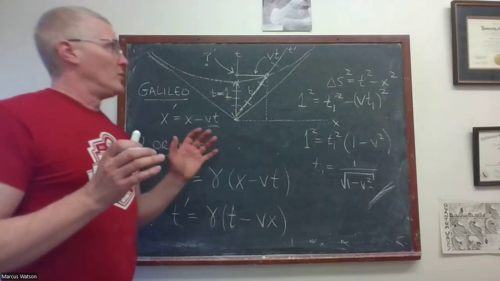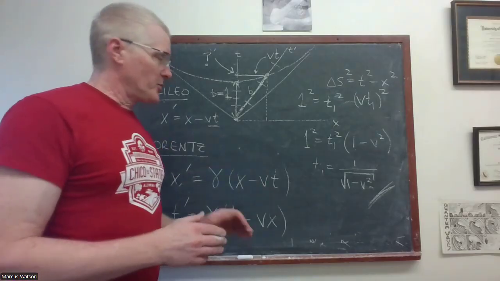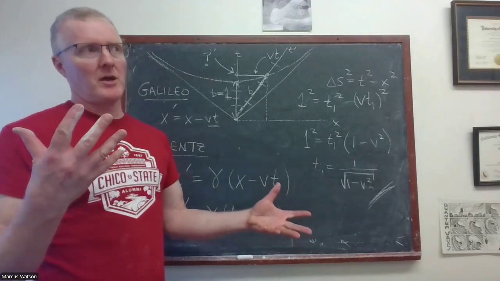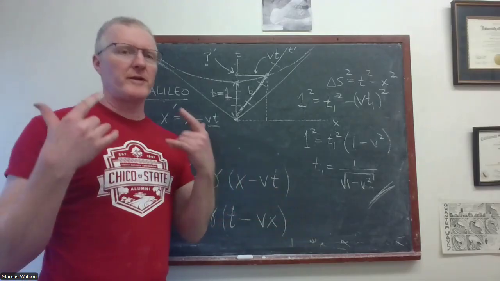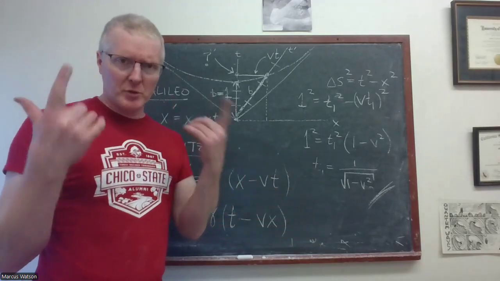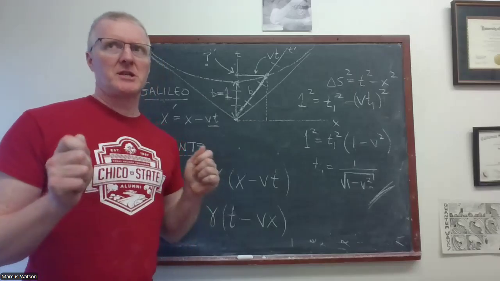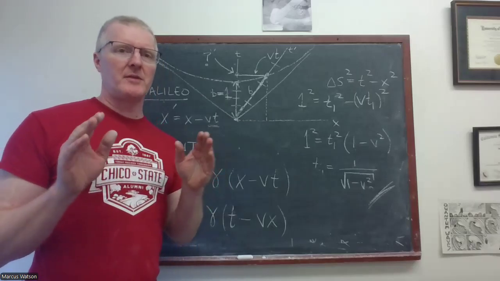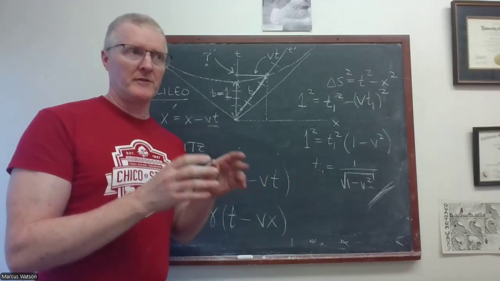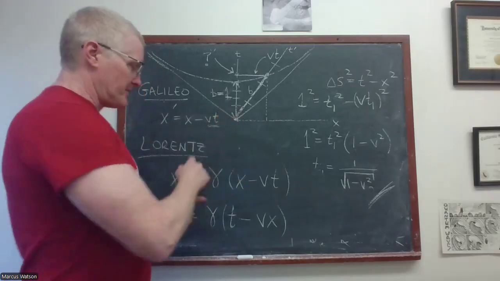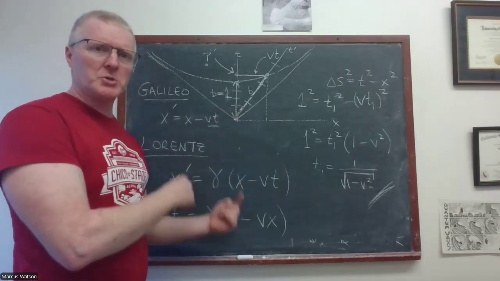Now, one of the problems you run into is which one's the prime frame, which one's the non-prime frame. Easiest always is whatever perspective you're looking from, call that the unprime frame. It's tougher when you always link the unprime frame with Earth. If you say Earth is always the unprime frame, then sometimes this gets to be a little murky to try and use.